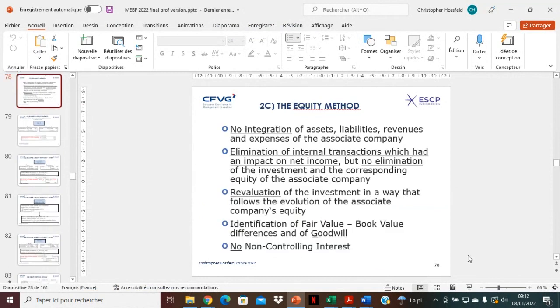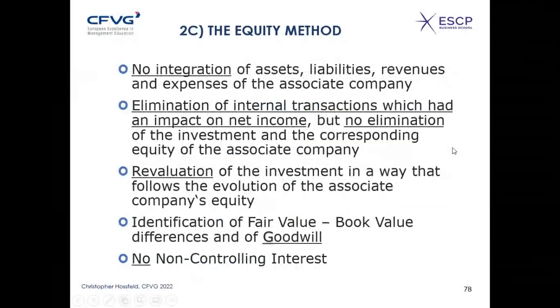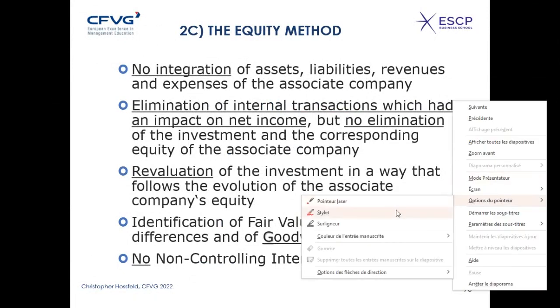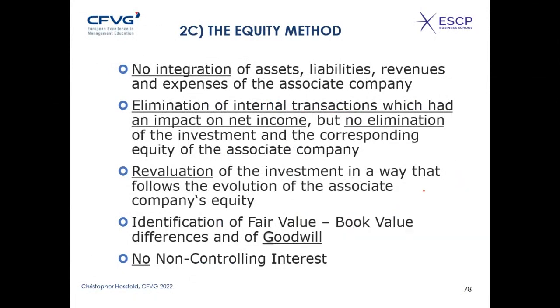So let's do this here. Okay, so first of all, we could say that usually the equity method is presented when we talk about consolidated financial statements, although the equity method is not really a consolidation method. Because as you can see here, for example, there is no combined balance sheet.